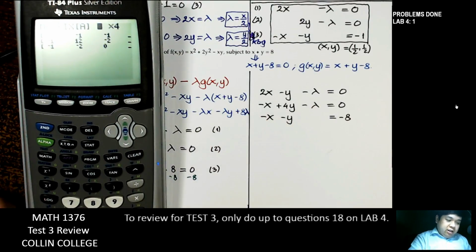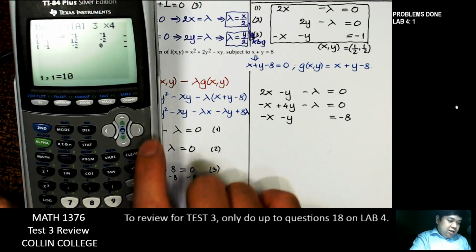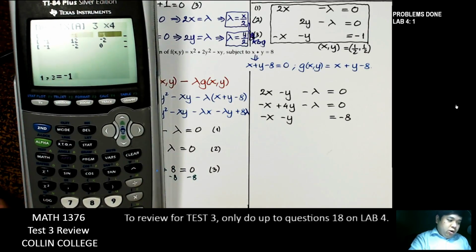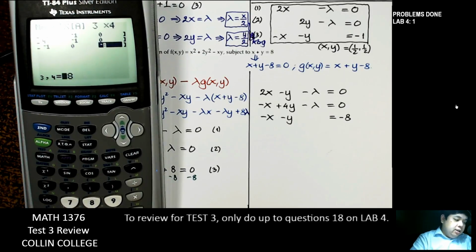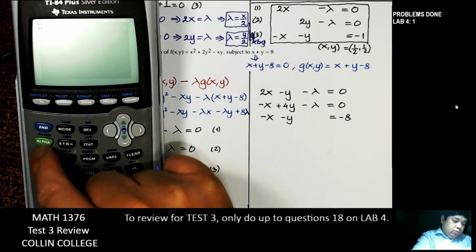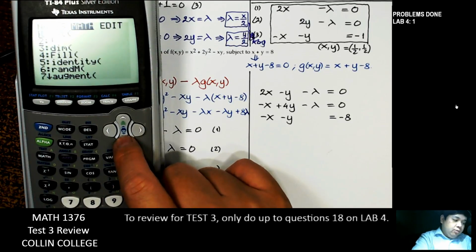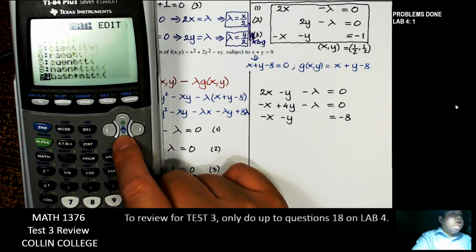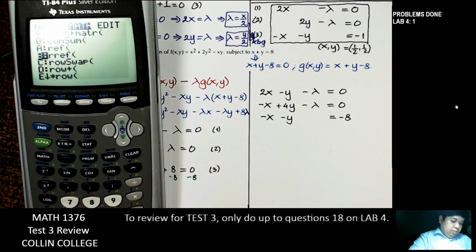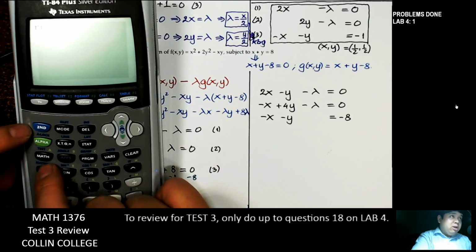I will enter that in: 2, negative 1, negative 1, 0, negative 1, 4, negative 1, 0, negative 1, negative 1, 0, negative 8. And then we just do the reduced row echelon form of that matrix.